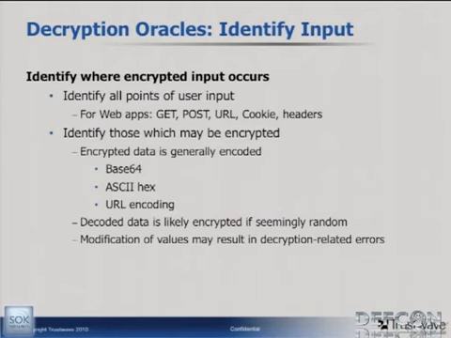Another thing that you can do is modify the values. Sometimes this will give you decryption related errors. The other thing is if you modify a value in the middle of some piece of ciphertext, you might see resulting text on the response that is garbled beyond a certain point.